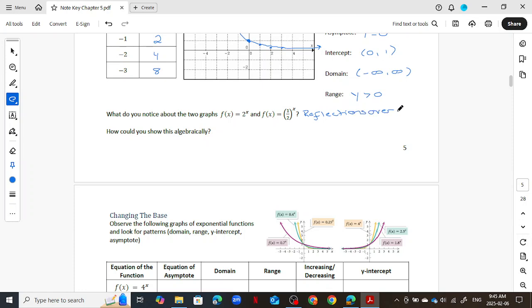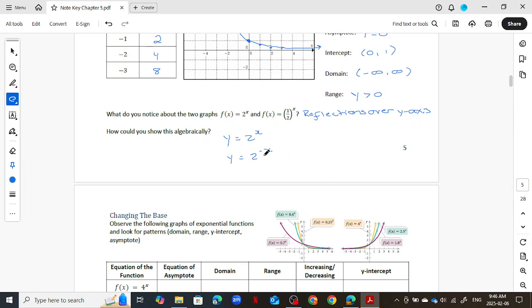over the y-axis. Could we prove algebraically that the graph of y equals (1/2)^x is just a reflection over the y-axis? Well, let's think about it. If I had a graph like y equals 2 to the x and I wanted to reflect it over the y-axis, which values would I be reflecting? X or y? It's the x. So if I wanted to reflect this over the y-axis, I would reflect it in the x values.